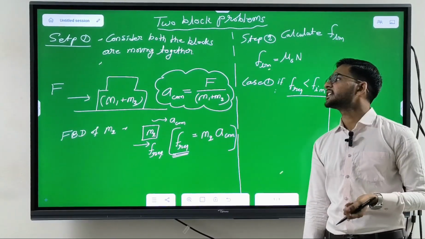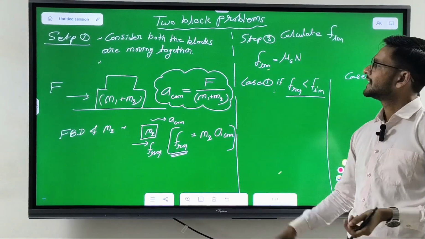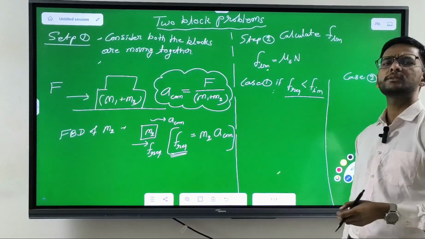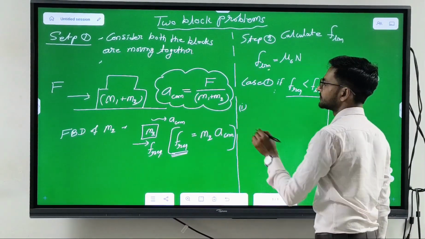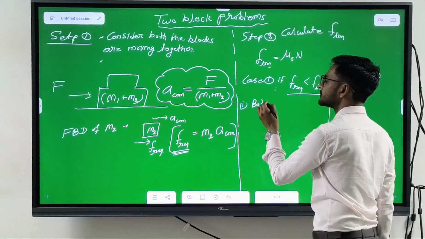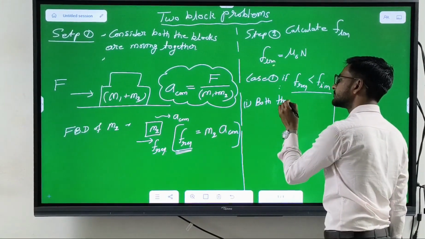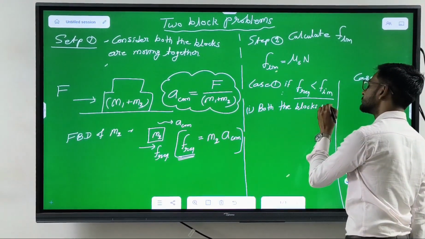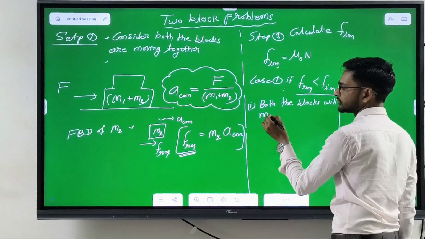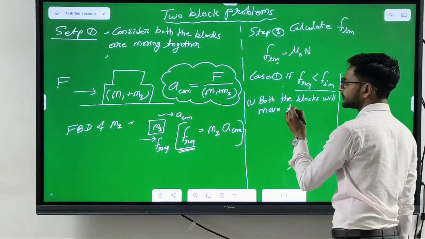That means friction is sufficient to move both the blocks together. It succeeds in its motive. So the first conclusion is that both the blocks will move together.